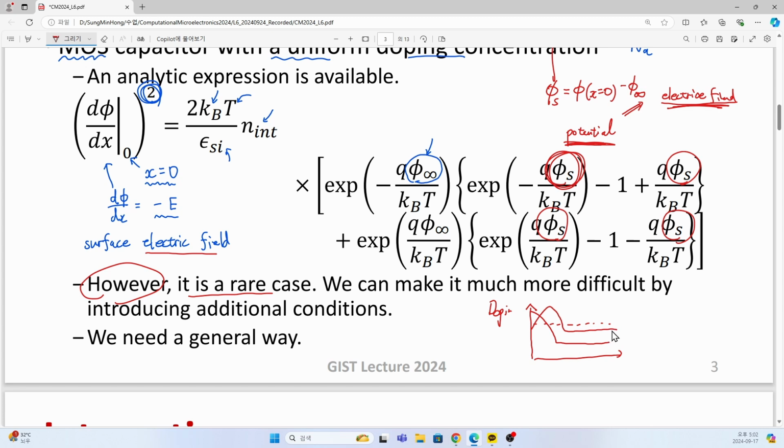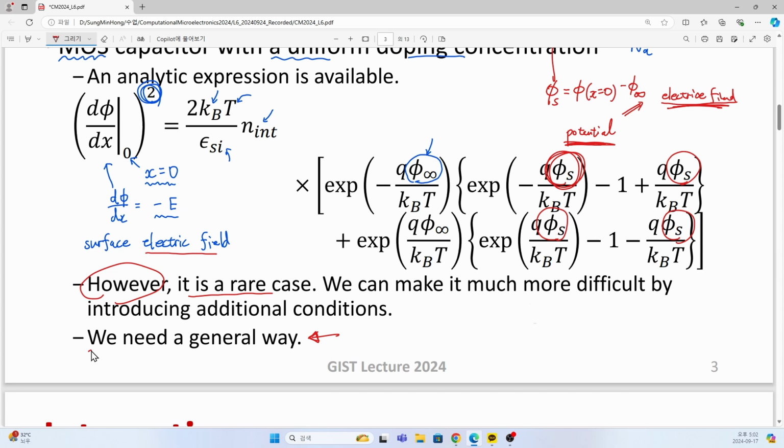In this case, the simple expression for the surface electric field will no longer be available, because previously we made use of the fact that the doping concentration is constant all over our semi-infinite semiconductor region. So by introducing such a little modification, we can make it much more difficult.